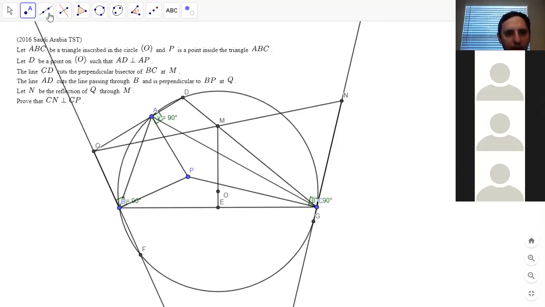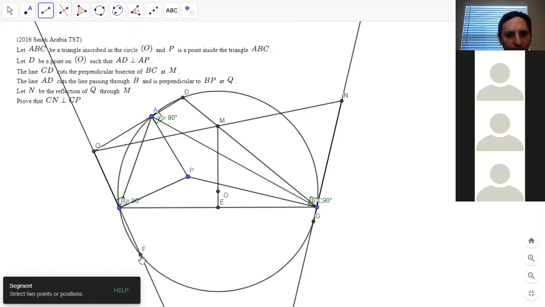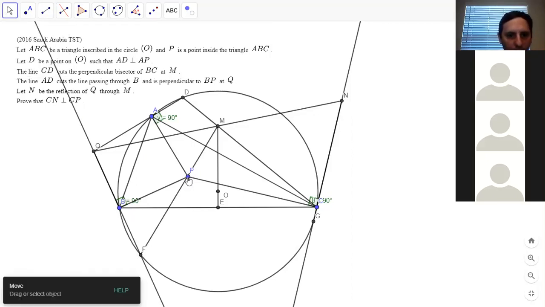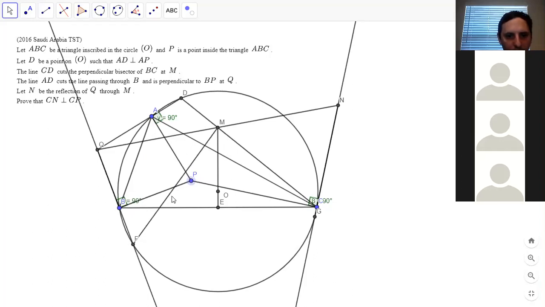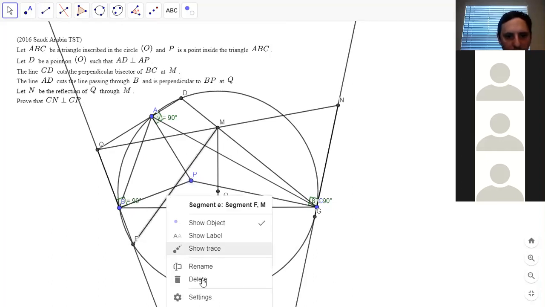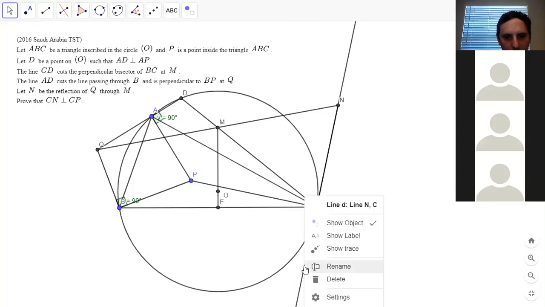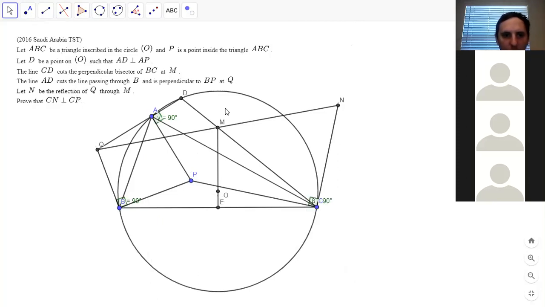Maybe MF and P are collinear. Interesting. Oh, but no, I don't think that's actually true. I think that's just coincidence. All right, let me delete these 2. So yeah, this is cyclic.